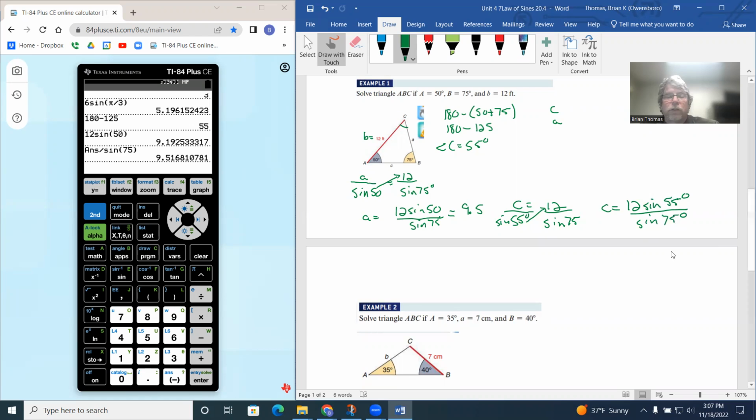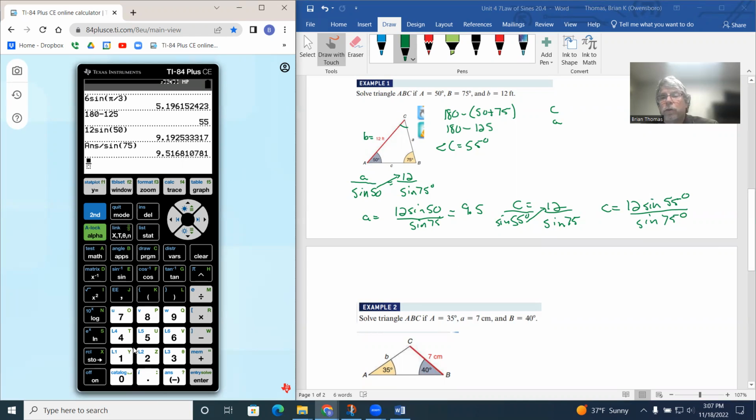So again, that's a fraction. Notice how you can just type the numerator in and divide by the denominator, or you can put it all in at once, whatever your pleasure is. This time I'll just put it all in one big spot. 12 sine of 55 degrees, on the bottom the sine of 75 degrees. Hit enter.